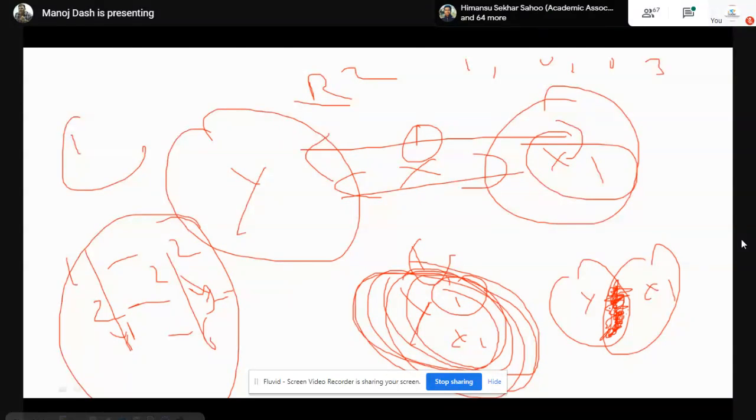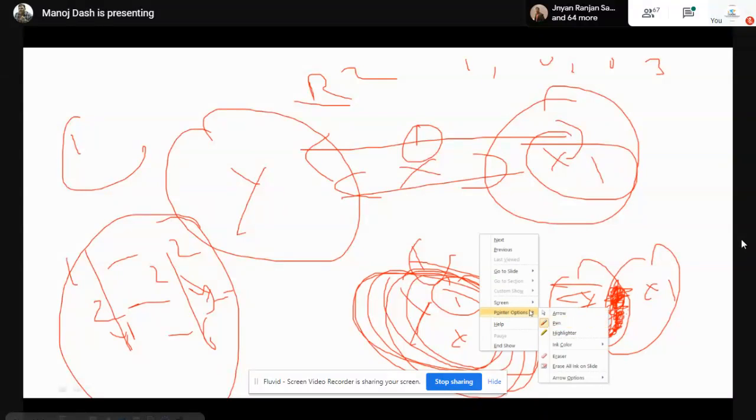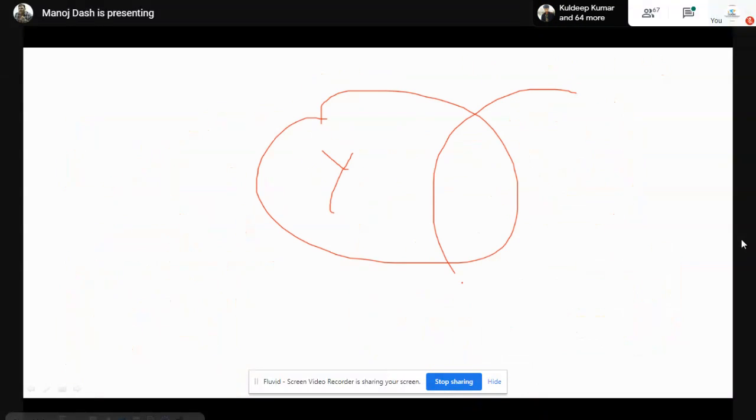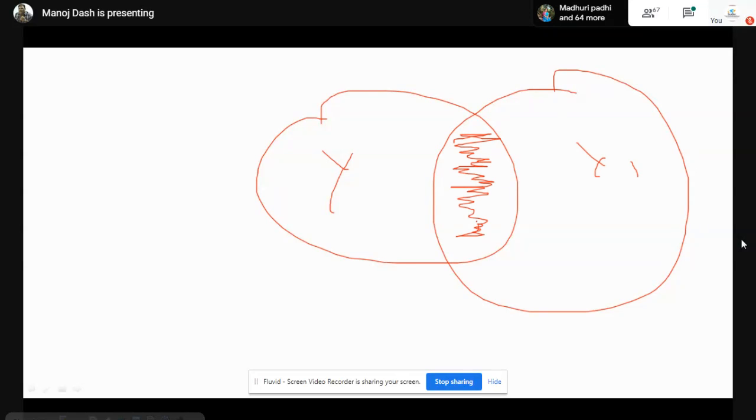Okay, this is the explained part of Y by X1. This is unexplained. Do you understand? Let me explain. This is Y and this is X1. This part of the variance of X1 is explained by Y. Clear? This part of the variance of Y is not explained by X1. So this is 0.70 and this is 0.30.